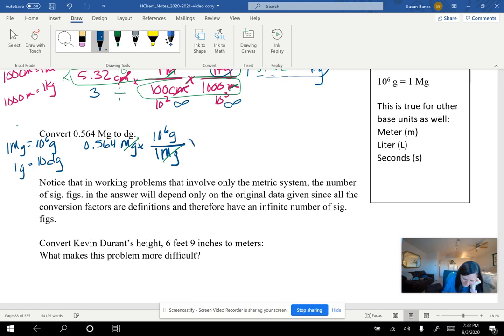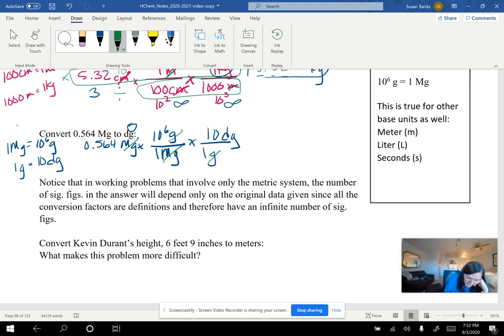Then on my next step, I want grams to cancel so that I can get into decigrams. This is what I want. So I want grams to be on the opposite side, so I'm going to put that on the bottom here. So in 1 gram, I have 10 decigrams. Okay, so that once again takes my unit of grams and cancels that out.